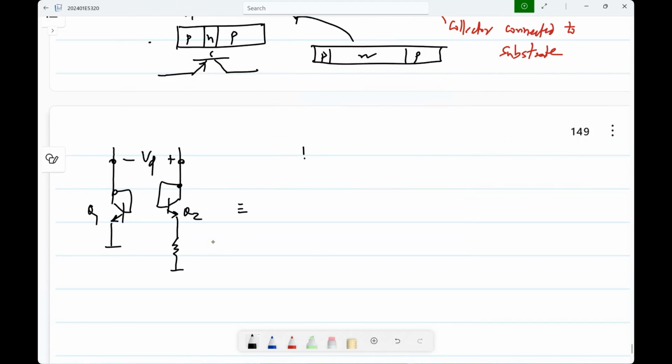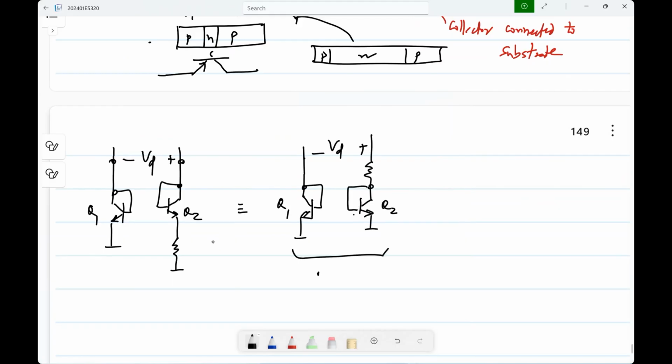So very clearly, I can put the resistor on top of the transistor, and if I look at this VD, everything will be the same, right? This part is okay. And here I have used NPN. If I use PNP, what would it look like? A diode connected PNP would be that way.